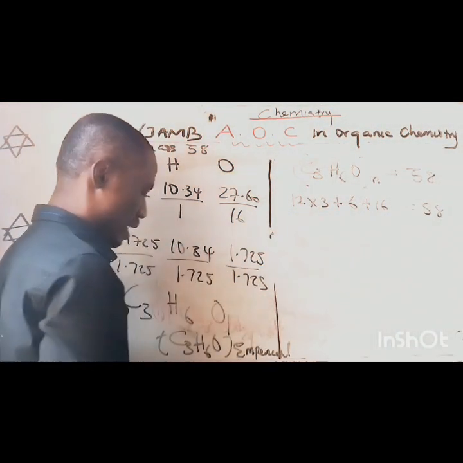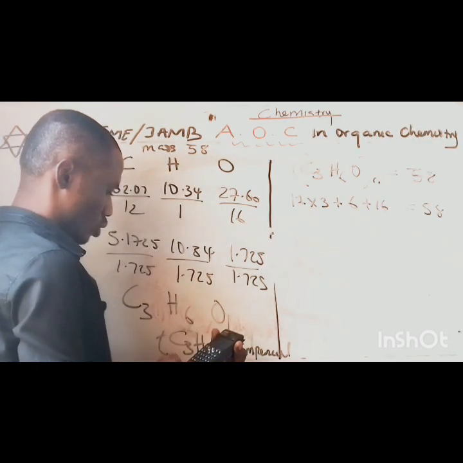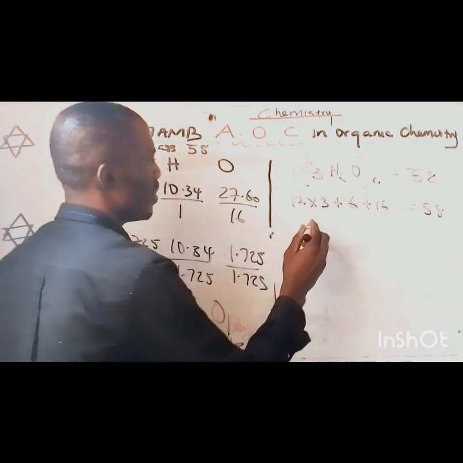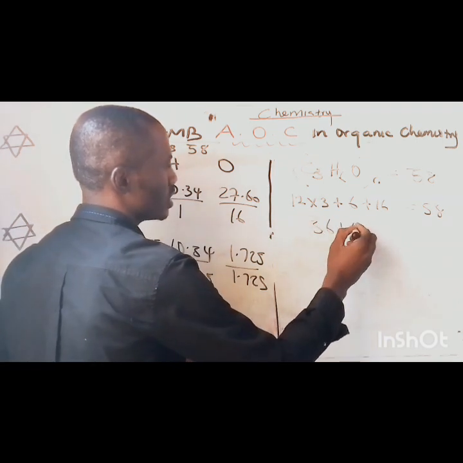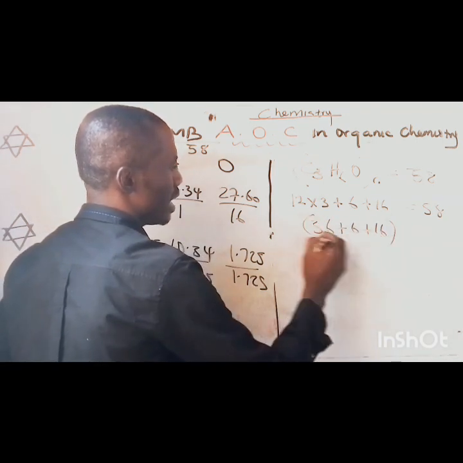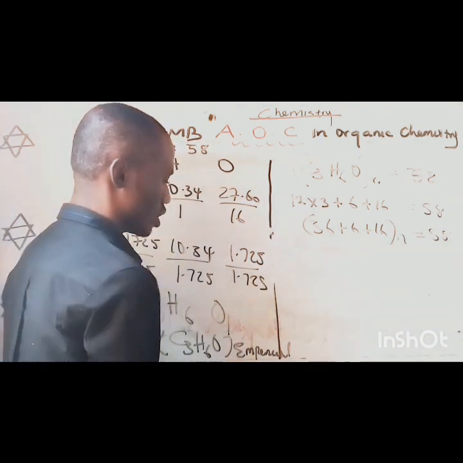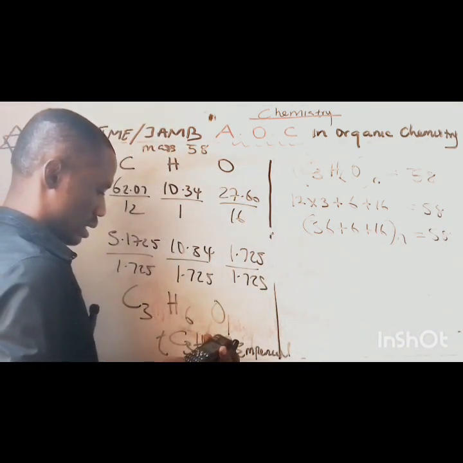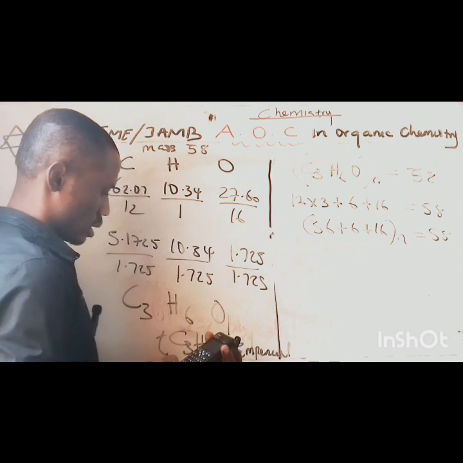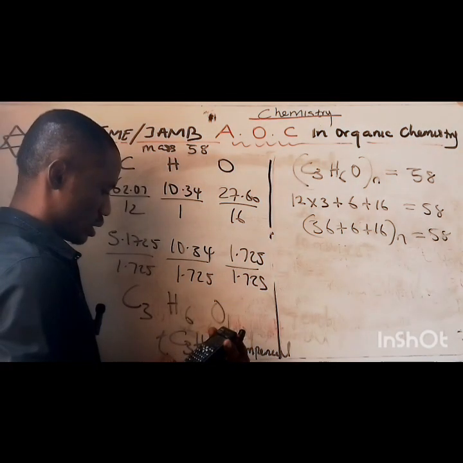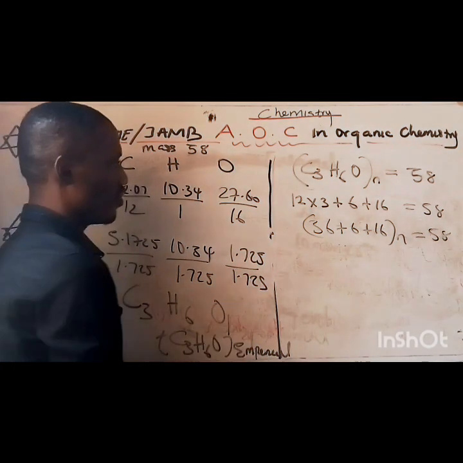Now, 12 times 3, that is 36. Remember, 36 plus 6 plus 16, and then I have n, everything is equal to 58. Now let's continue solving. 36 plus 6 plus 16, I have 58.